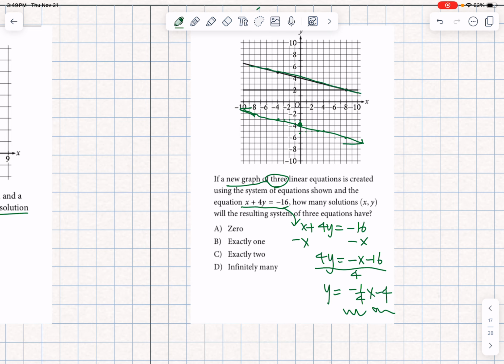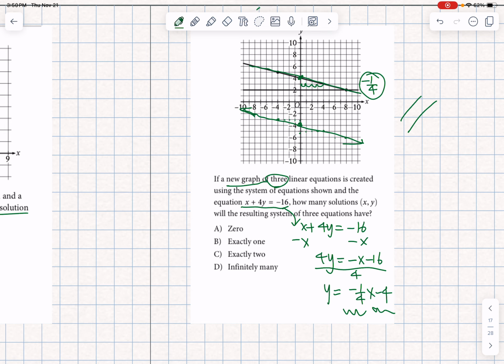If they're parallel, they never intersect, which means no solution. To make sure, for the first graph the y-intercept is 4, and going down 1, over 2, 3, 4, the slope is negative 1/4. Same slope, different y-intercept, so those two lines never intersect.